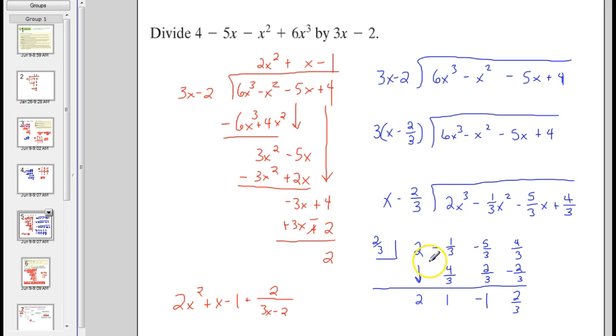So we get, this was x cubed, x squared, x, and a constant. So now this is x squared, x, the constant, and the remainder. So there's the 2, there's the positive 1, there's the negative 1. Now you may be thinking, well, where's the 2/3? Well, you got to remember this is what we set up by. This is our divisor.